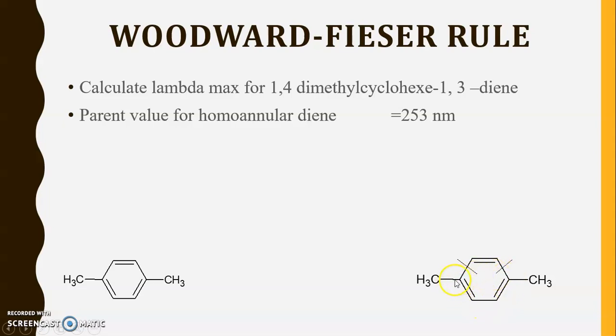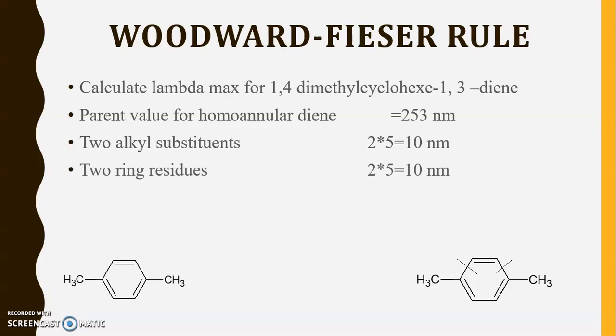Now this carbon atom has one alkyl substitution and one ring residue. Similarly, this carbon atom, which is part of the diene, has one methyl group as substitution and one ring residue. So for this we have to consider 2 alkyl substitutions and 2 ring residues. So 2 into 5, that is equal to 10.